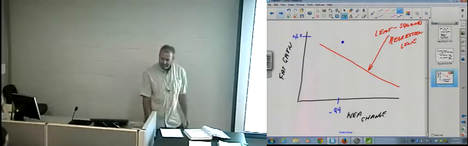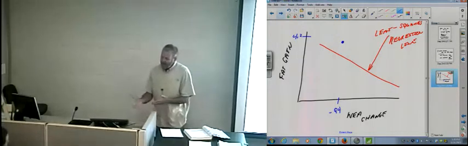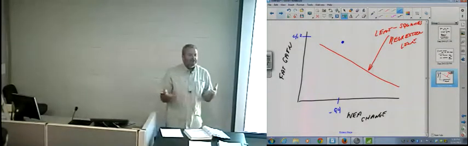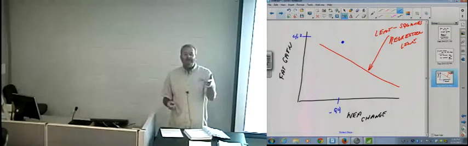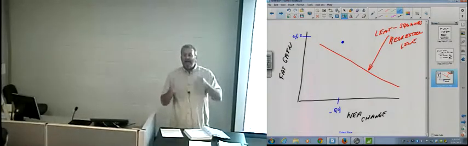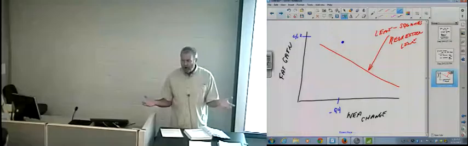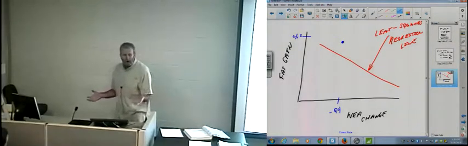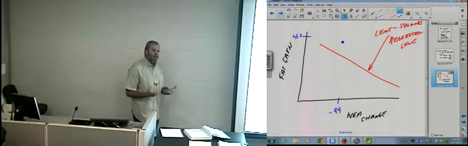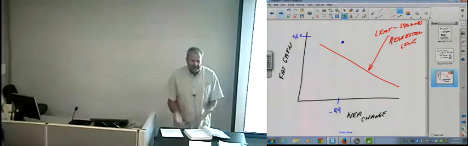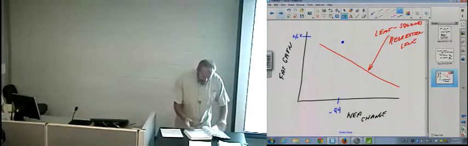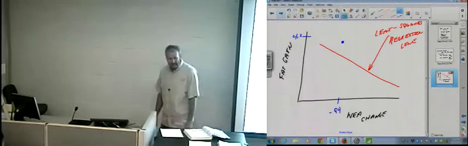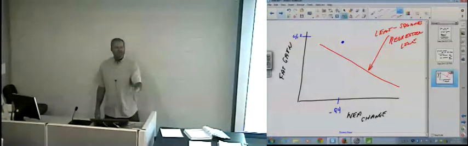Okay? Now, when I put the regression line on there, unless things are perfect, and what I mean is unless the correlation is plus or minus 1, when you fit this line to the data, you're not going to pass through all the points. Everybody understand that, right? You might pass through some of them, but you're never going to pass through all of them unless you've got a minus 1 or a plus 1. Remember, my correlation here was like a minus 0.7786 or something like that. So that little dot we miss.